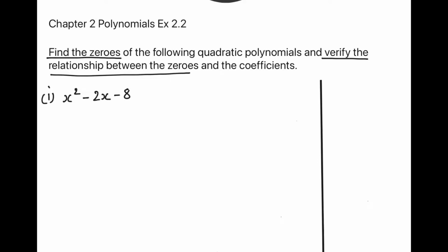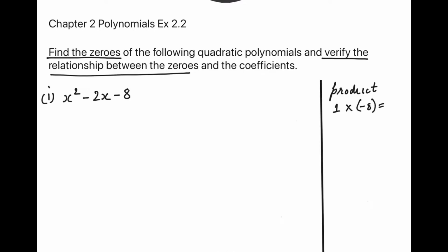So let's look at this polynomial expression x square minus 2x minus 8. In order to find the zeros for this polynomial, we need to factorize this polynomial. And to factorize the polynomial, we need to split the middle term such that we find two numbers whose product should be equal to the coefficient of x square, which is 1, multiplied by the constant term, which is minus 8.